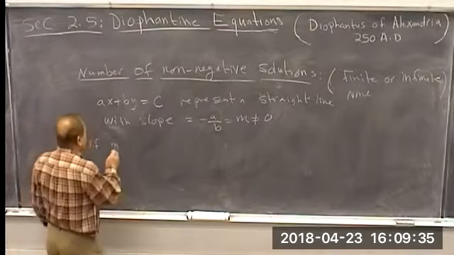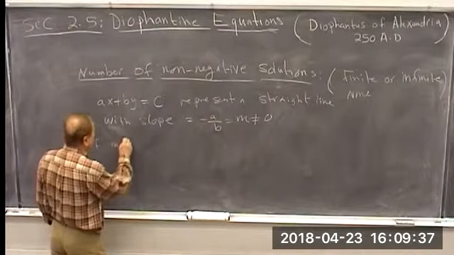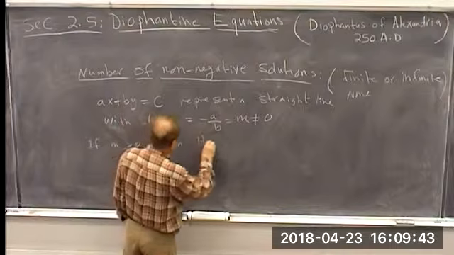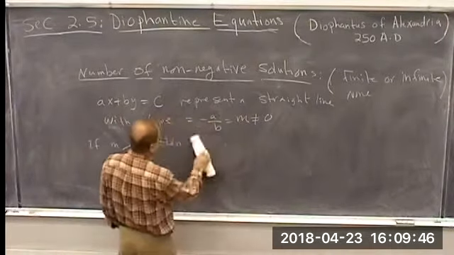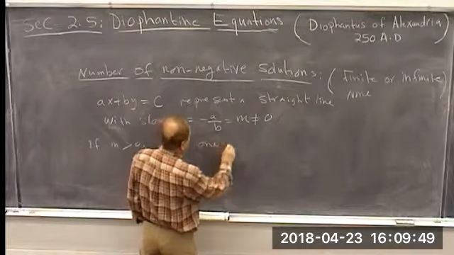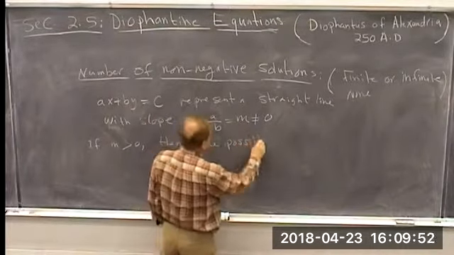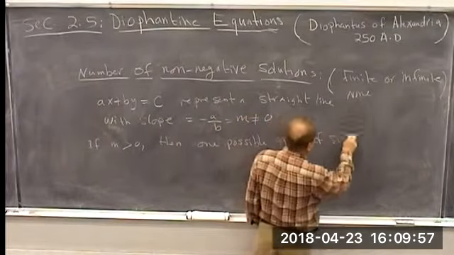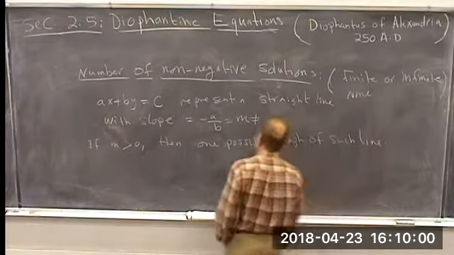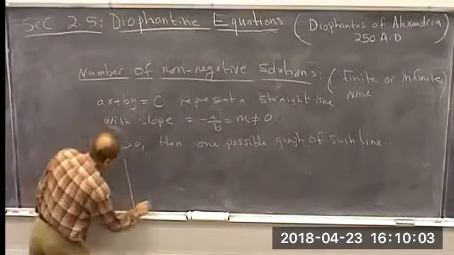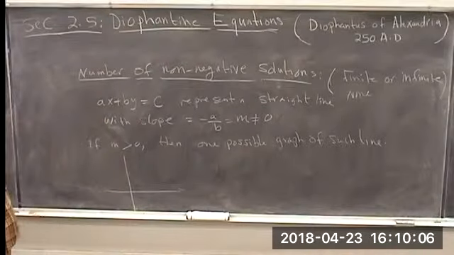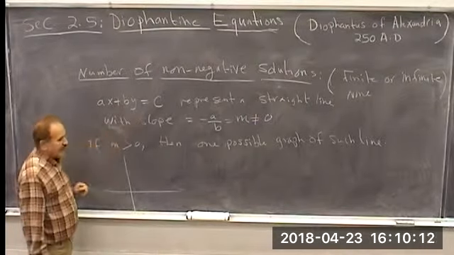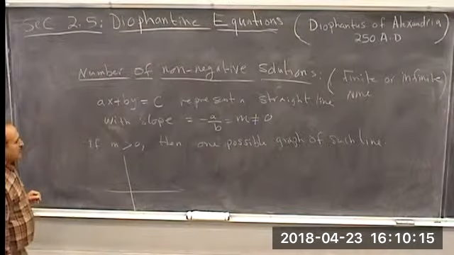If m is positive, then one possible graph of such a line looks like this. It has a positive slope, so as we trace the graph from left to right, the line is rising up.